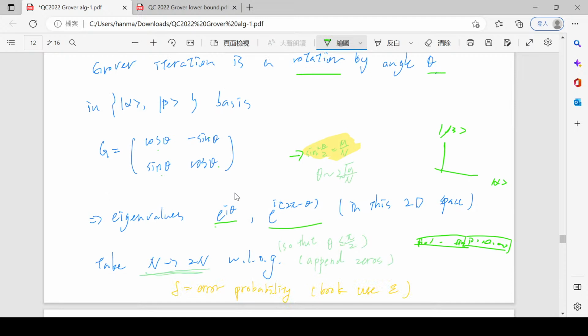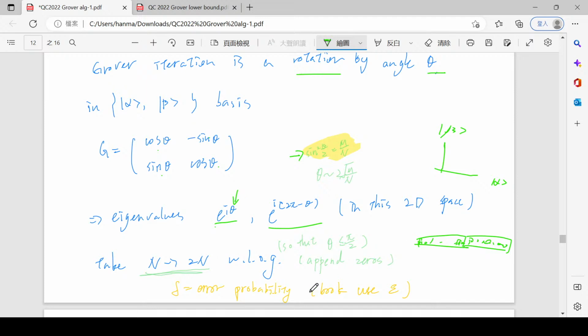So when you do phase estimation, you will learn this theta, and we know that theta is about square root of m over n. And so we can just invert this relationship, and you will learn your m.